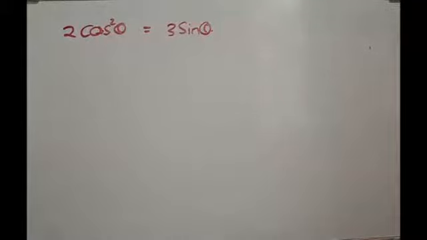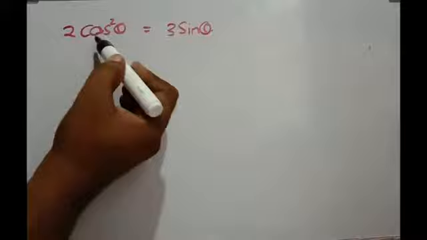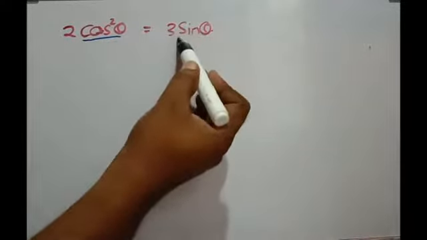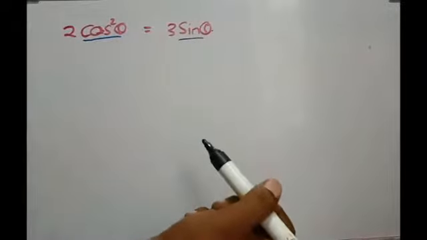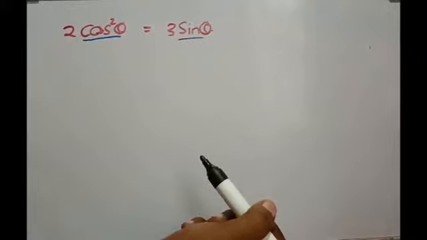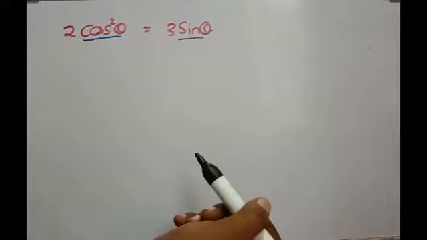So the first part of the question is solve 2 cos squared theta is equal to 3 sin theta. Okay, let's solve this one. Here this part is cos theta, cosine, and here it is sine. To solve this trigonometric equation, we need to convert both into either sine or cosine.